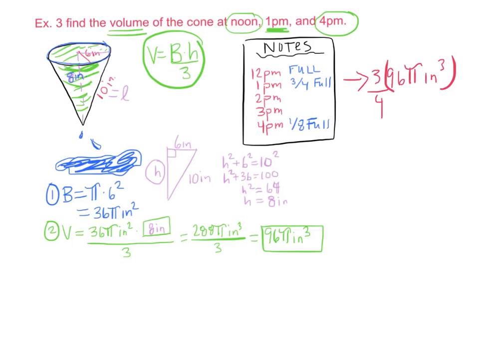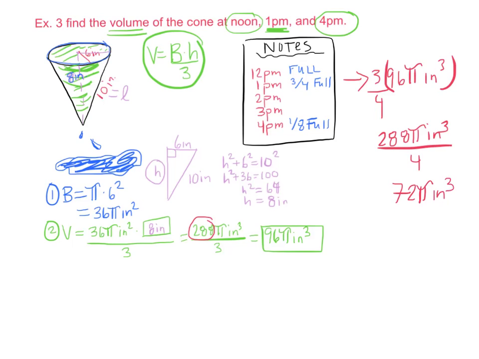You should know that is 288, right? Because we divided. So I'm going to get 288 pi inches cubed, and I'll see if I can divide that by 4. Well, this is easy. 28 divided by 4 is 7, and 8 divided by 4 is 2.